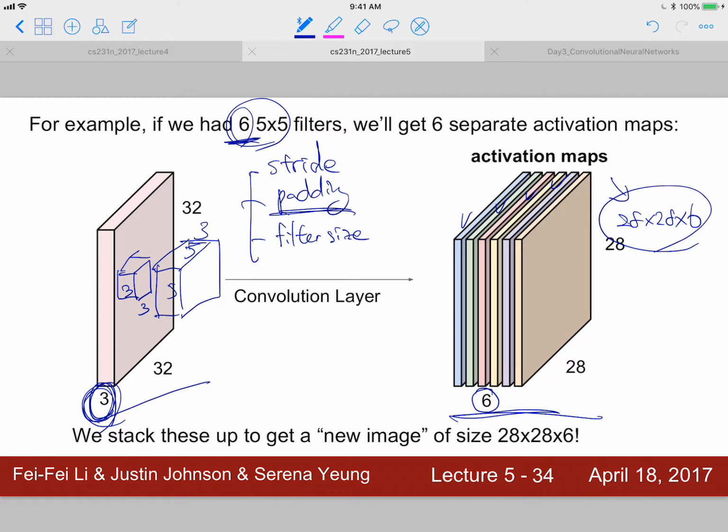That was another quiz problem: in the case of 3 by 3 convolution filters, how many paddings do we need to have the same width and height between input and output activation map? 1? What about 5 by 5? It's 2, right? So for different filter sizes, we can definitely use different padding sizes.